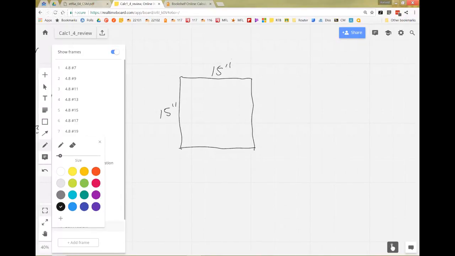And the question is, if we cut out square corners, then if you cut the corners out, you'll be able to fold up the sides and make a box. So let's call those x and x.